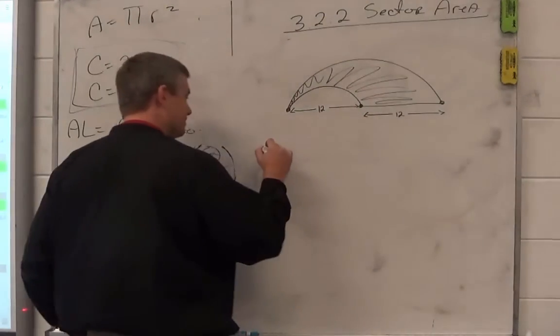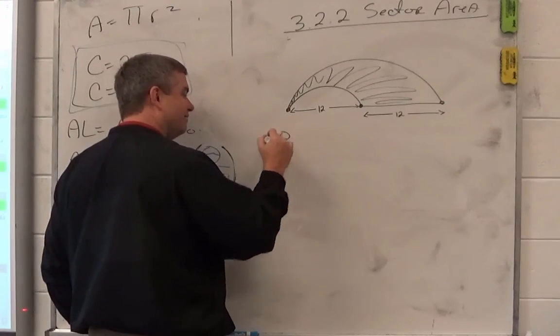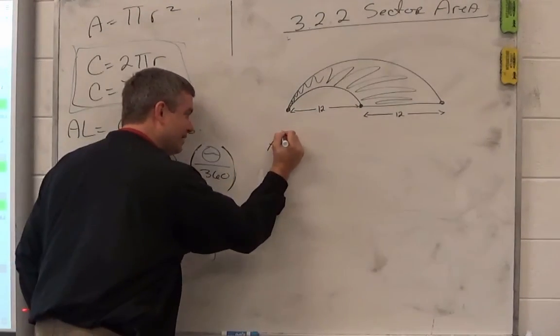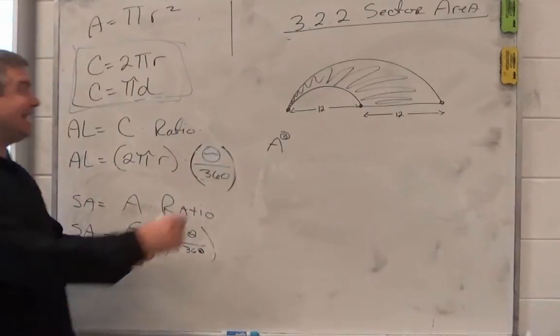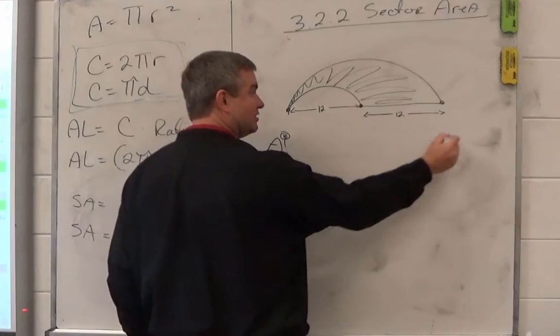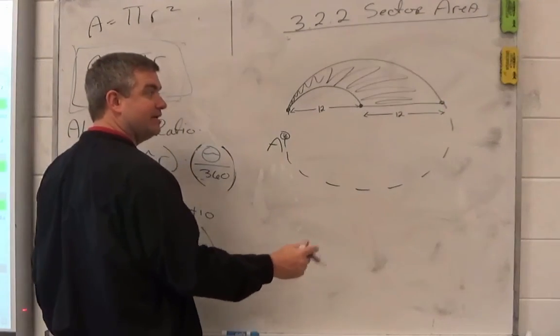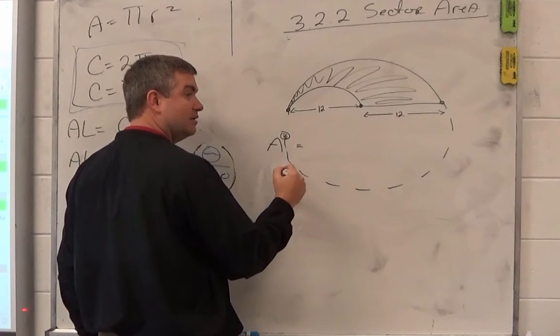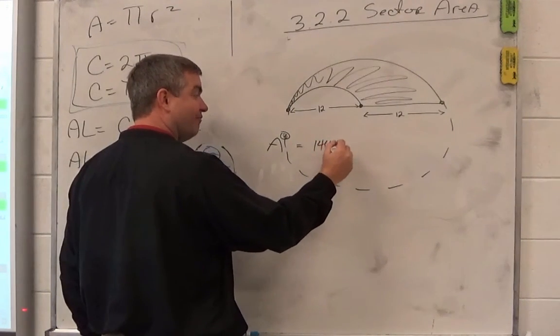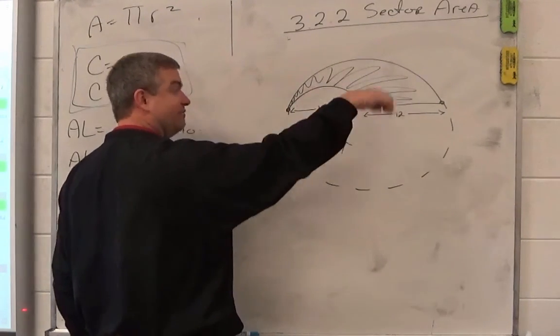All right, here we go. What is the area of the big circle? I'll do a B right here for the big circle. The entire circle, if I extended this on out, what would the area of it be? Well, the radius is 12. What's 12 squared? 144 pi. That would be all of this area.